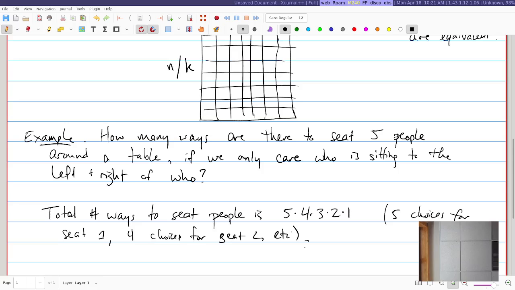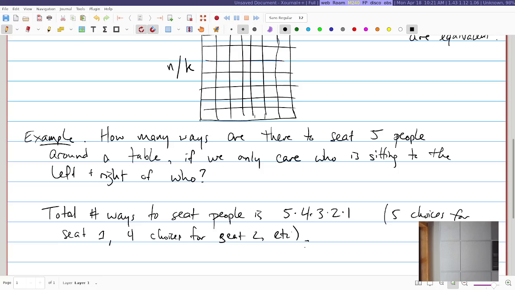If I put the 5 people in a particular order, and had everyone stand up, move 1 seat to the right, and sit back down, that would be different according to this, because I put a different person in seat 1 and a different person in seat 2. But we don't want to think of it as being different.